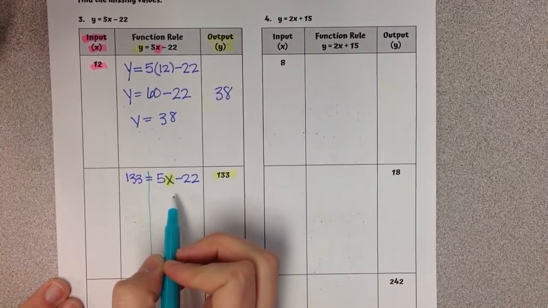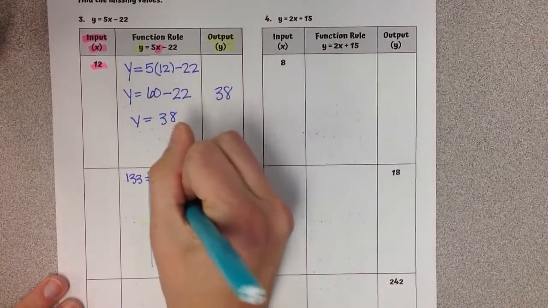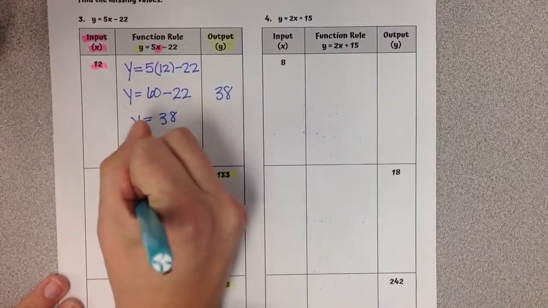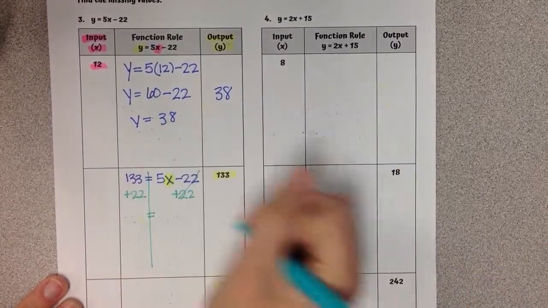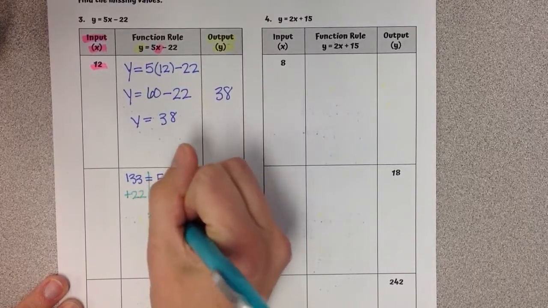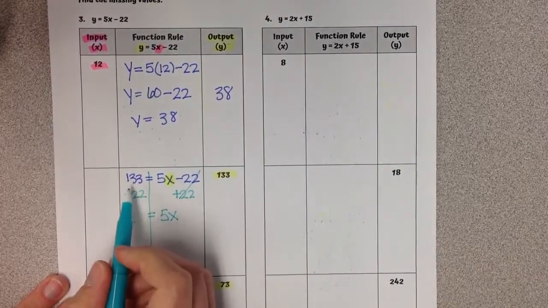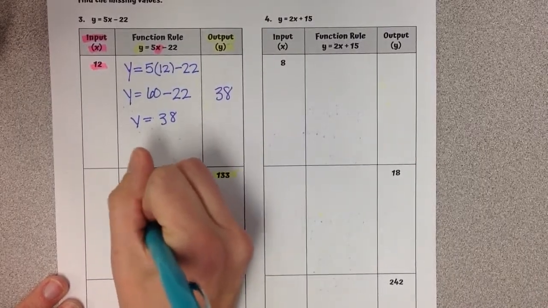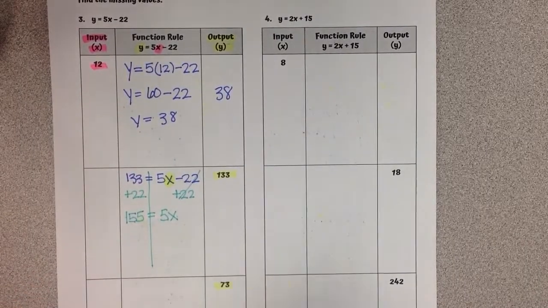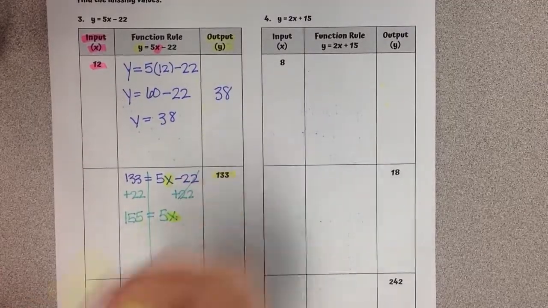So we're subtracting 22. The opposite is to add 22 to both sides. Should cancel out on the side with the variable. Bring down what's left, so 5x. And on the left, we're going to add 133 plus 22 is 155.